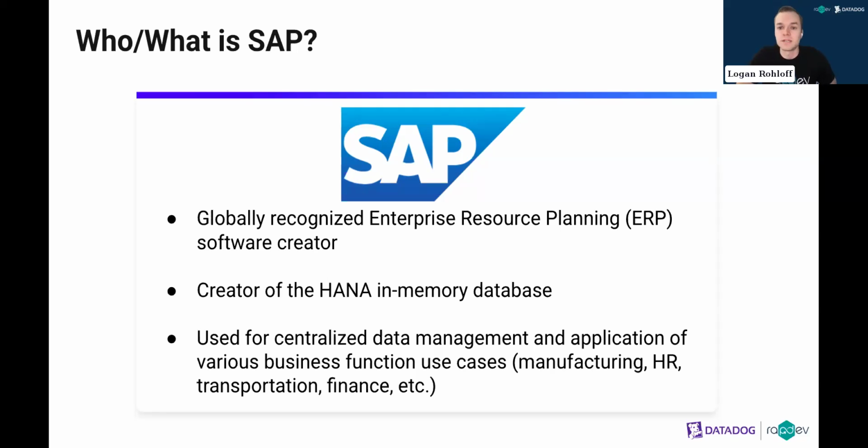For a long time, it was mostly on-premise, or at least thought of to be mostly on-premise, but many of their functions now are available in either their public hosted cloud or in your own private cloud environment.